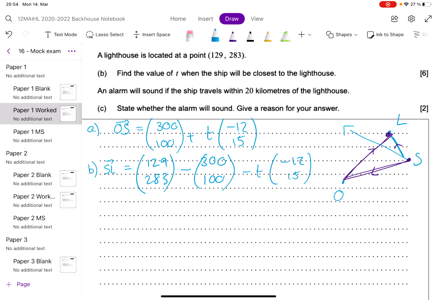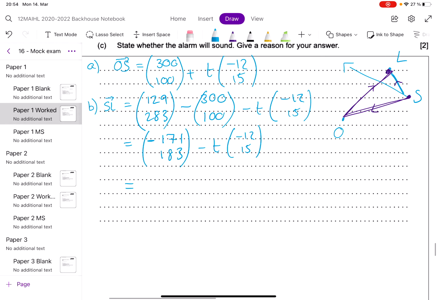Okay, let's just tidy this up. 129 minus 300 is negative 171. This is 183. Okay, and then I'm just going to put it all together. So my x is going to be minus 171 plus 12t. My y is 183 minus 15t.